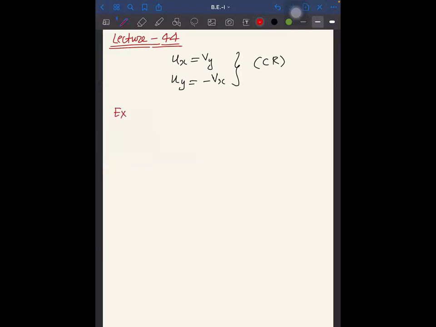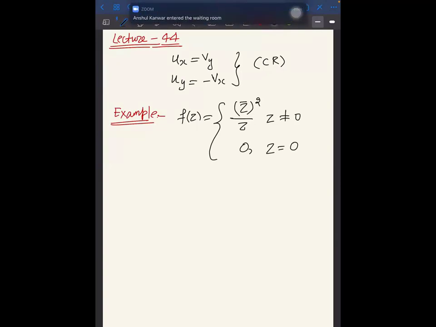So that is f(z) equal to z bar square upon z when z is non-zero, and 0 when z is 0, right? So all you need to find is that the CR conditions will hold in this case, but the function will not be differentiable.